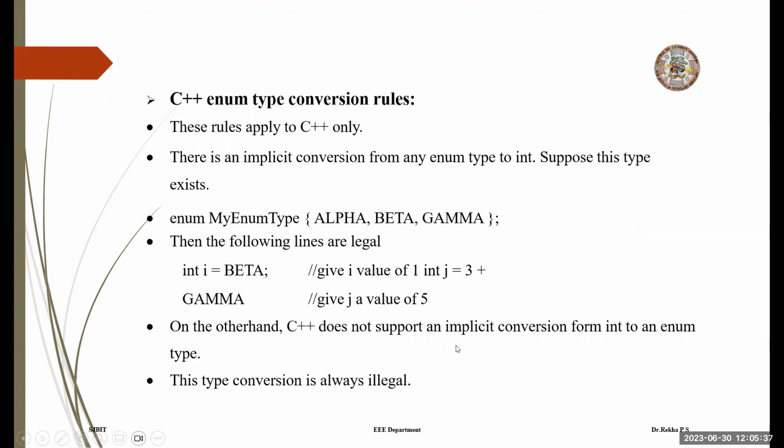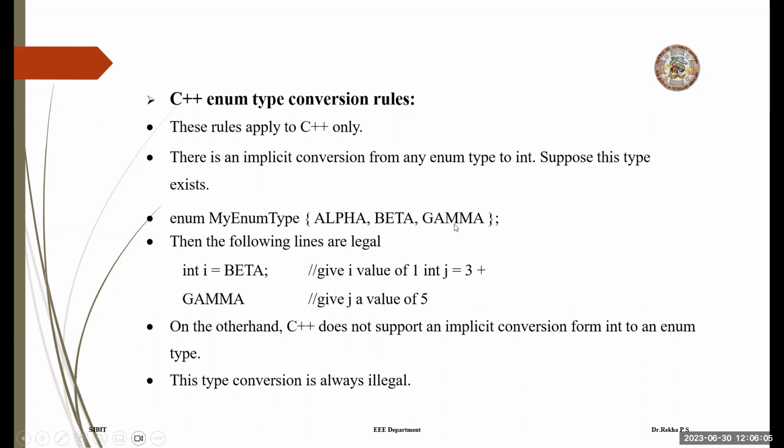On the other hand, C++ does not support any implicit conversion from int to an enum type. This type conversion is always illegal. See here, int i is equal to beta. Next, if I write int j is equal to 3 plus gamma, then j automatically becomes 5. Here i becomes 1 because alpha, beta, gamma are 0, 1, 2. They are already assigned. Alpha's value is already 0.